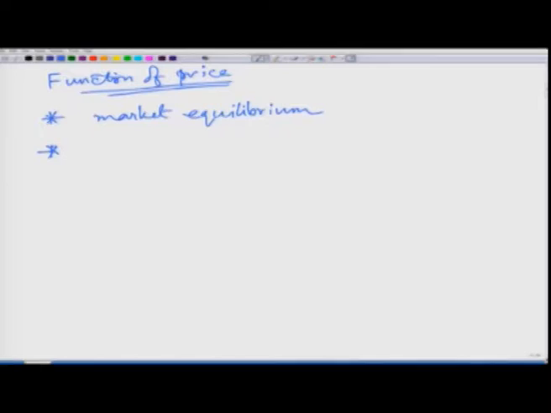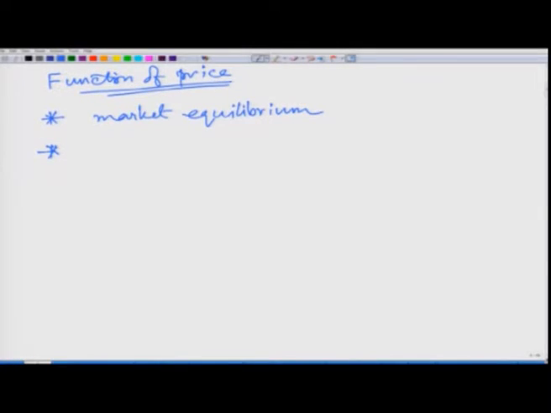So the price is flexible, and it helps the market attain an equilibrium price where the supplier gets a good price and can sell what they desire to, and the consumers get what they require or wish to get at a particular given price. So that helps us attain a market equilibrium.